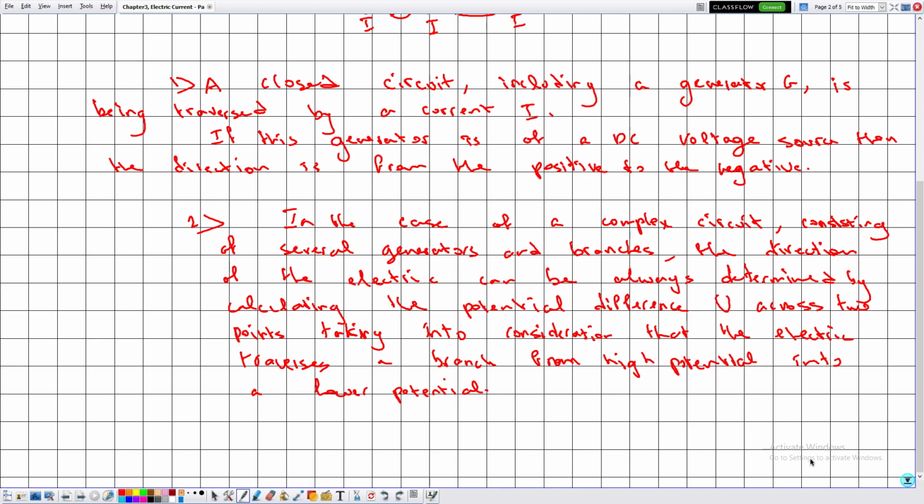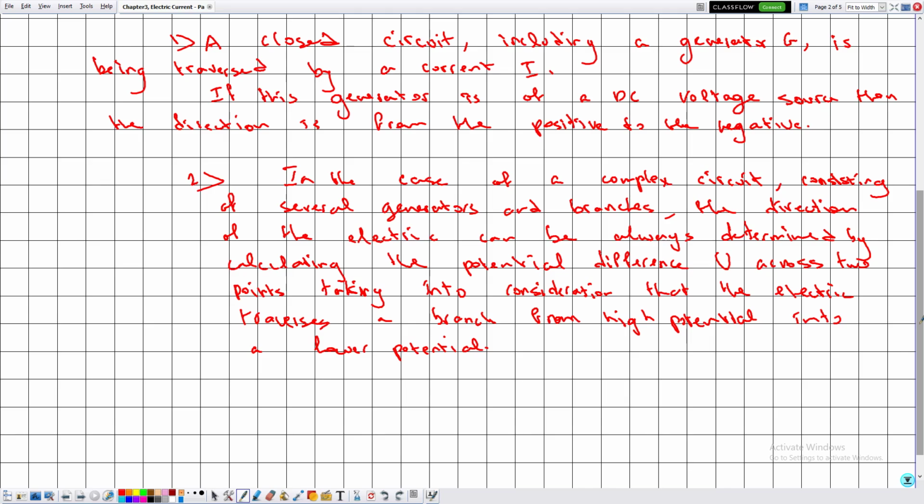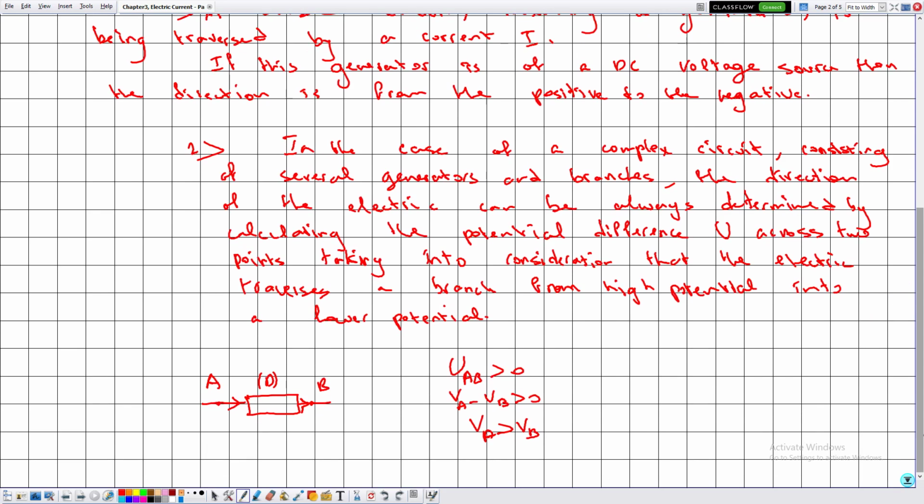Across this branch we have an electric component D. Suppose that this is the point A and this is the point B, and we know that the voltage UAB is positive, which means that the potential at the point A minus the potential at the point B is positive, so the potential at the point A is greater than the potential at the point B. So the electric current traverses this branch from A to B, because the electric current always traverses a branch from a point of higher potential into a lower potential.